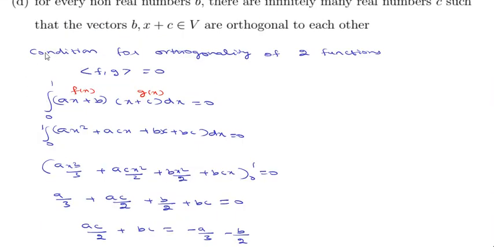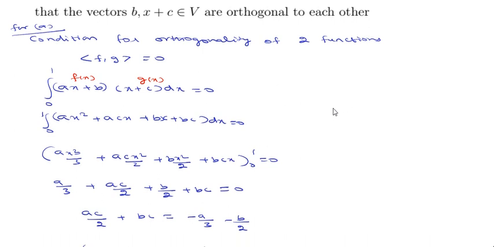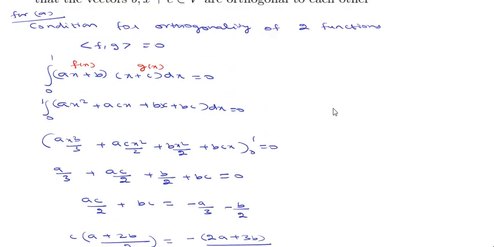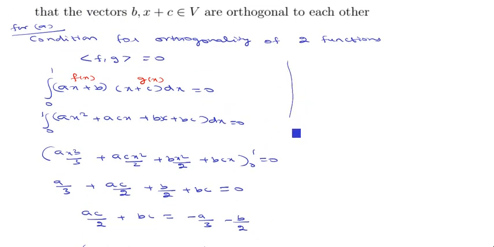So option A is wrong. Now we have checked that the first option is wrong. So this is for A. Similarly, we will check option B. Option B we will work out here.